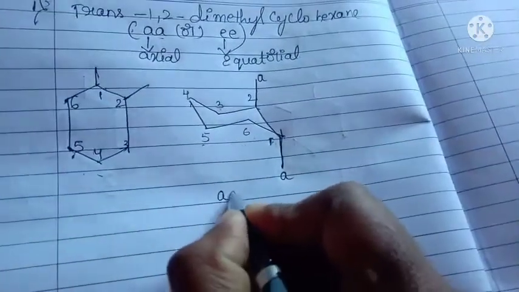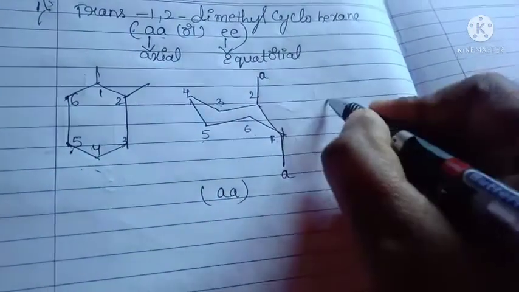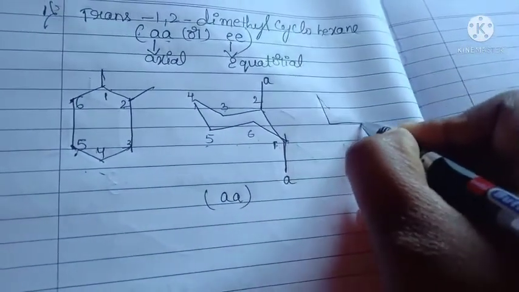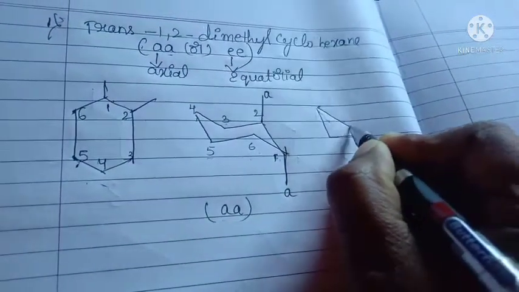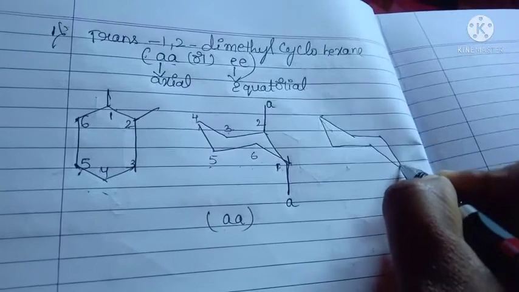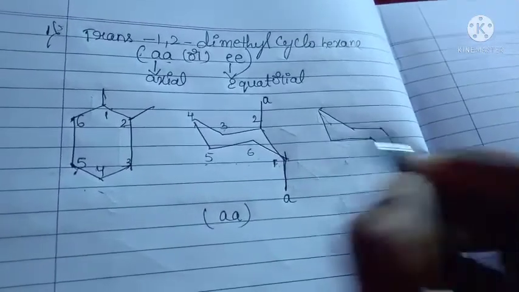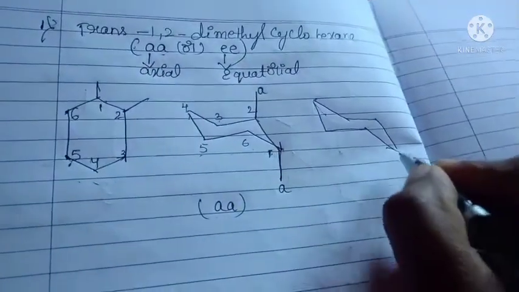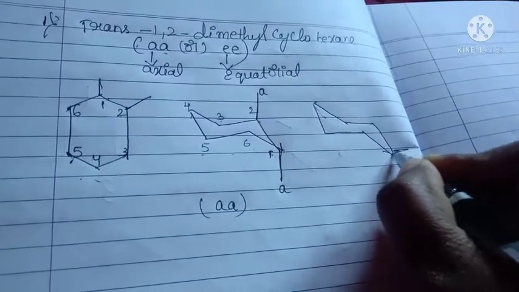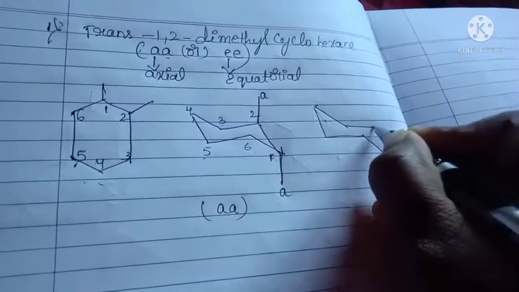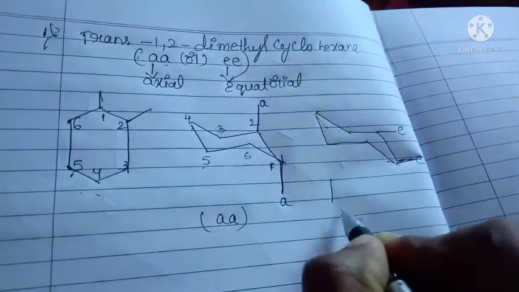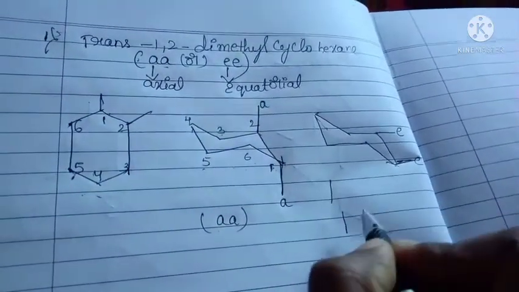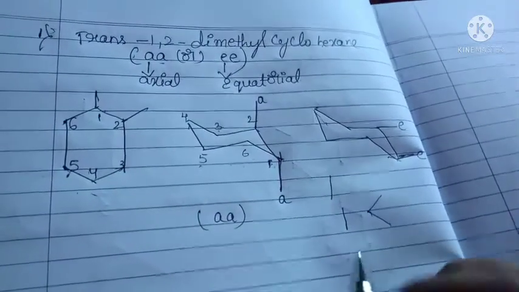This is axial. Then the equatorial position should be like this. Axial should be on the upper side or the lower side. Equatorial is slightly up or slightly down.